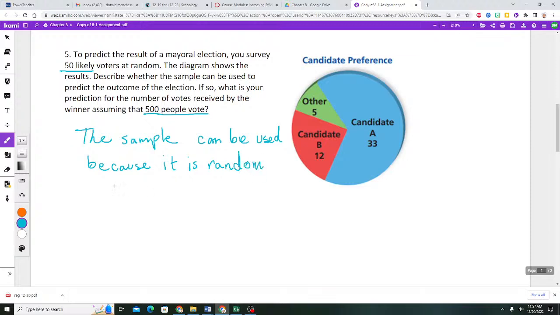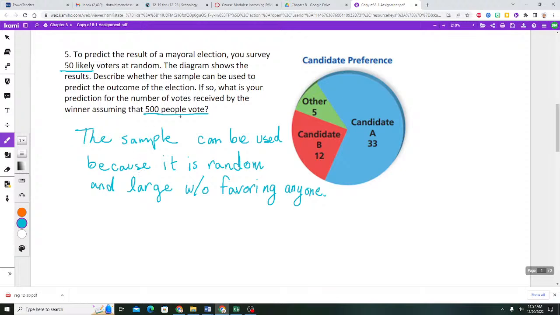So it's random, and 50 people is large enough, and it's without favoring anyone. So someone might say, but Mr. Manchester, it's only people who are likely to vote. But if you think about that, what's good is asking someone who's not likely to vote their candidate preference?